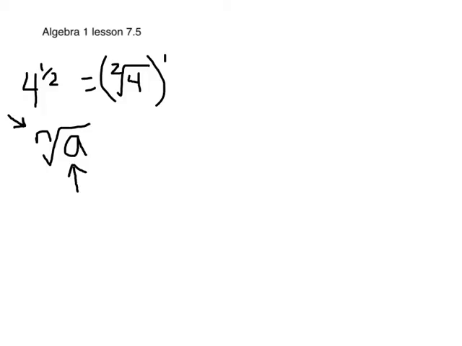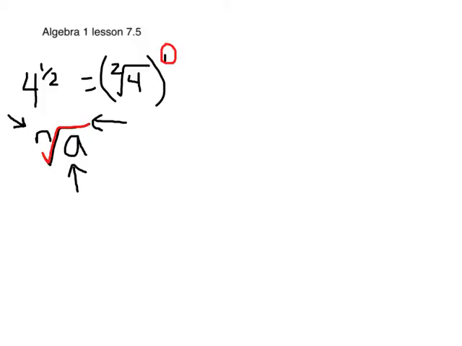And this right here is the radical symbol, or the radical sign. And then this one up in this first example is just an exponent, so we don't really talk about that when we're talking about the radical.